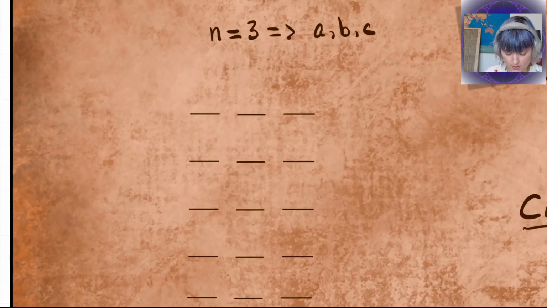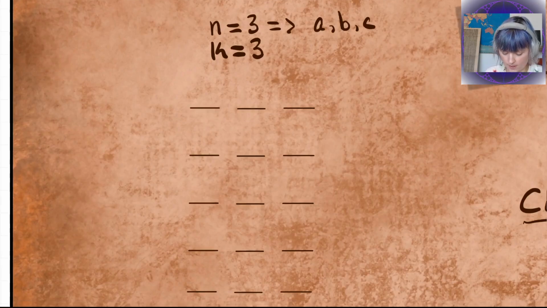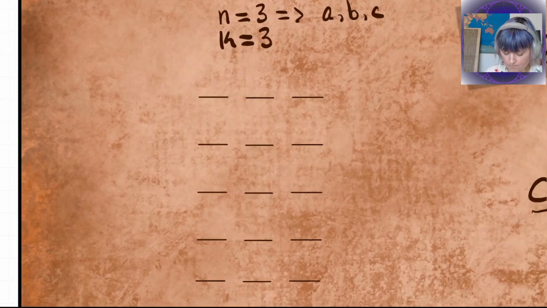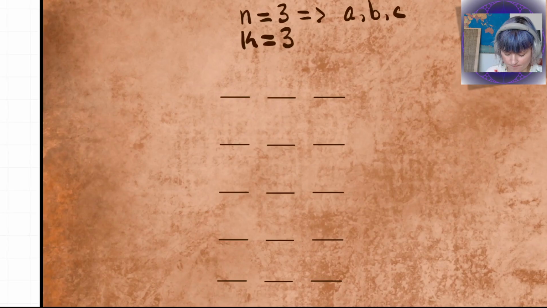Okay, so let's make our unique arrangements of permutations, and let's start like we did when we were looking at factorial. K is equal to 3, so we have size 3 for each of these arrangements where order matters. So let's take a look.